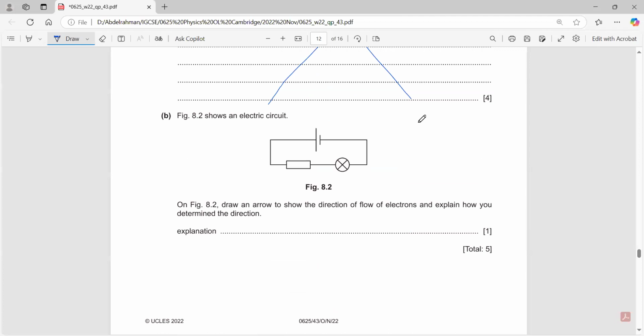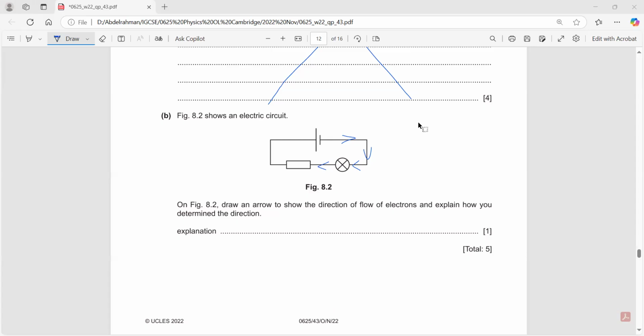On figure 8.2, draw an arrow to show the direction of flow of electrons and explain how you determine the direction. Flow of electrons is always in this direction. Explanation: we might say that electrons are negative and they move from the negative terminal, or you might say that the current is in the opposite direction of the electron flow.